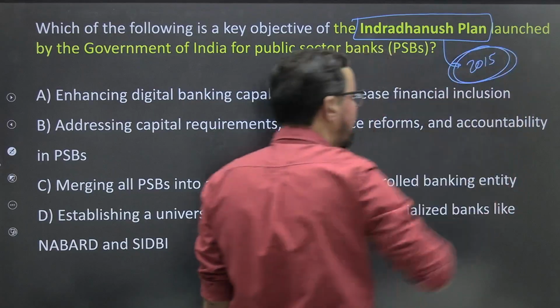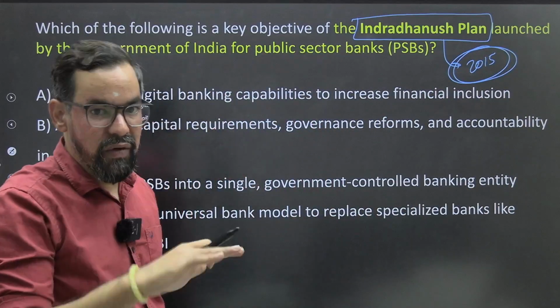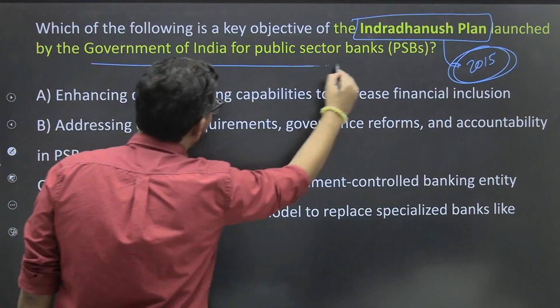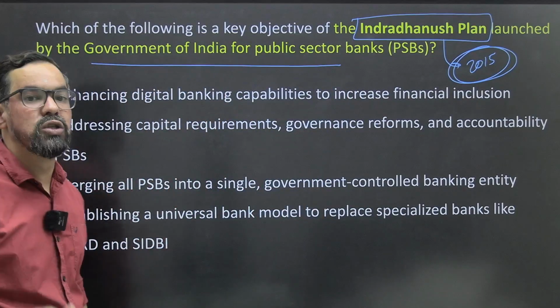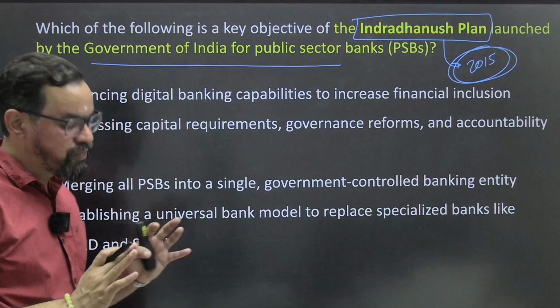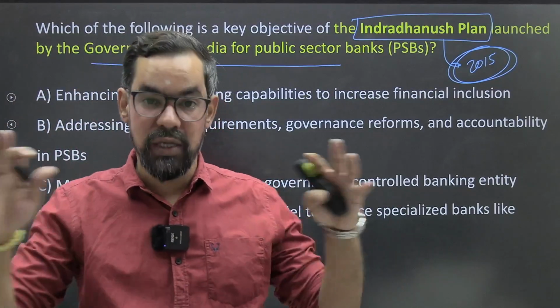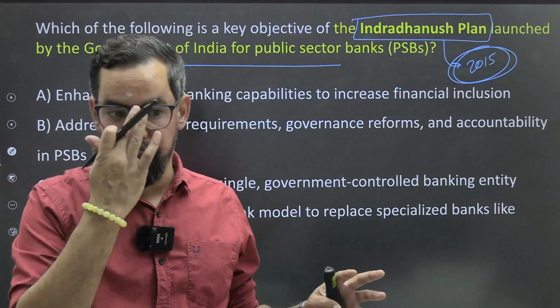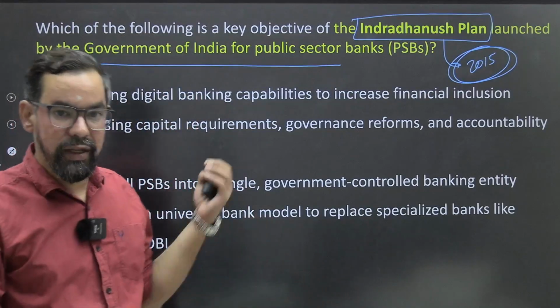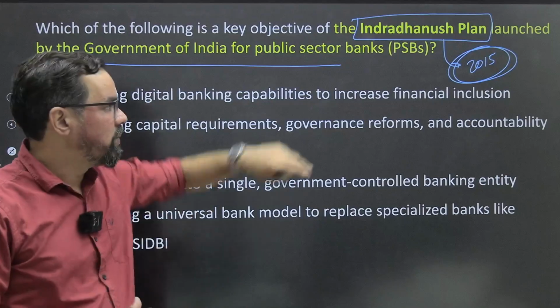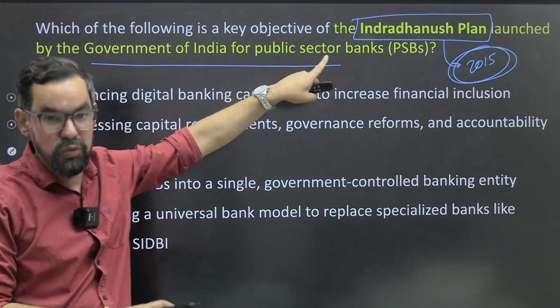After that, in 2018, we came up with the EASE program, launched by the Government of India, again for public sector banks. So first the Indradhanush Plan came with 7 steps on how we can improve these public sector banks. Then in 2018, during the budgetary announcement, the government came up with the EASE program. So this was also a budgetary announcement itself.